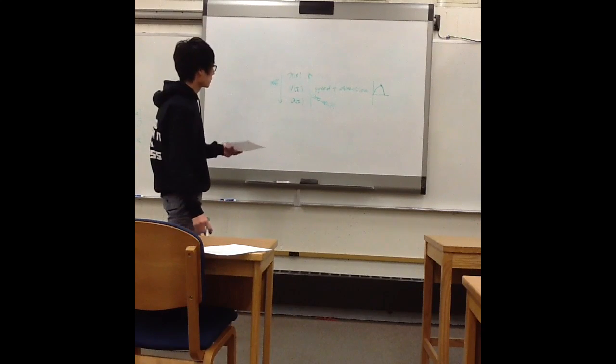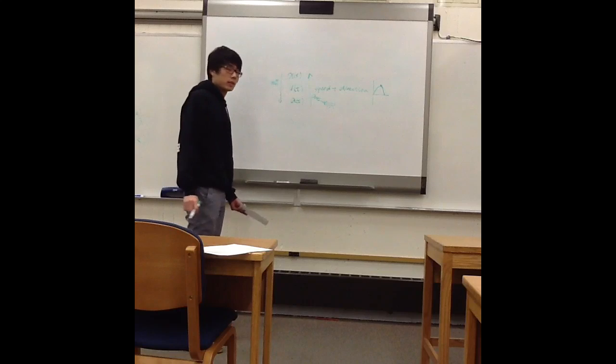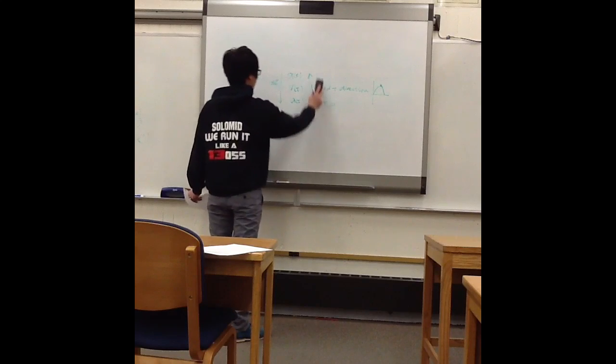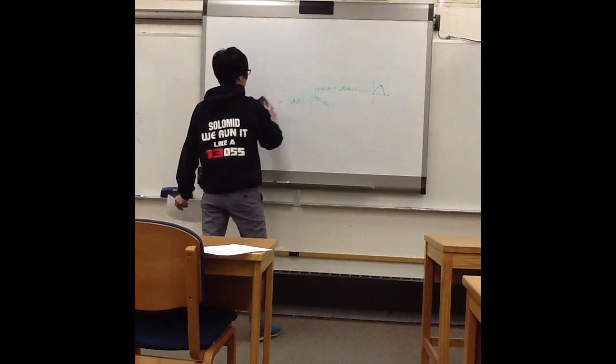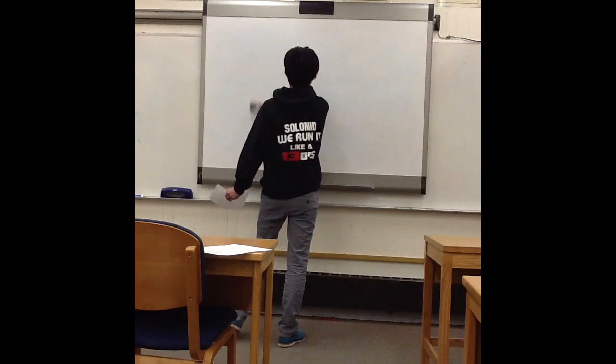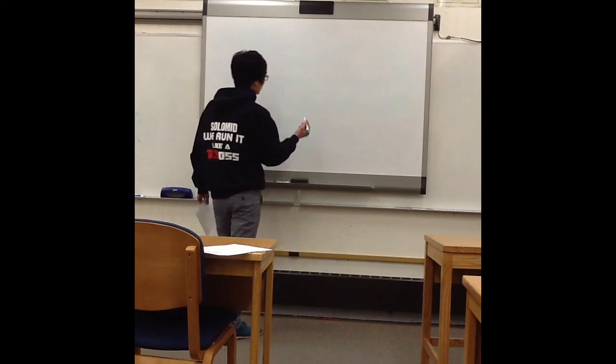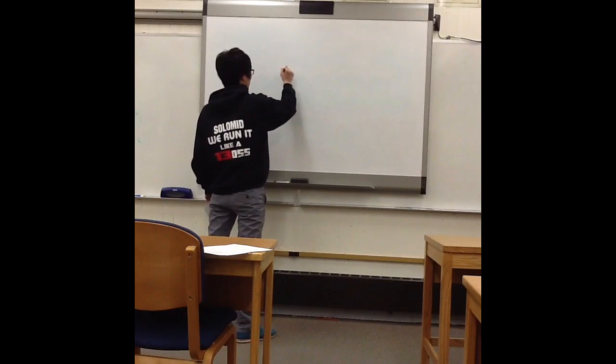I'm going to introduce some very simple examples for the graphs to show how they relate to each other. First, we are going to draw the position versus time graph.